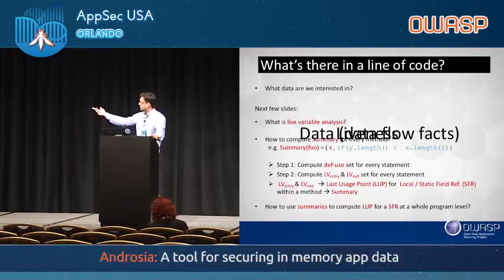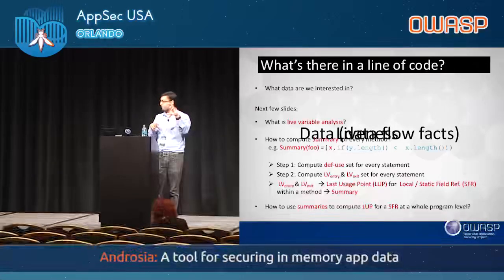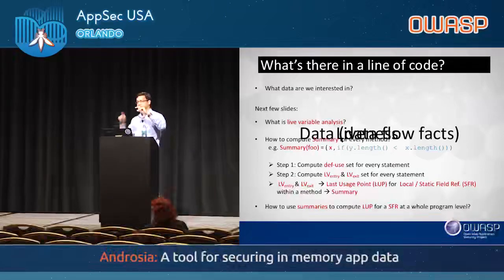Basically, the summary will contain the last usage point for all local variables and static field references within the method. And then we'll see how we can use the summaries computed for one method to compute the last usage point of that static field reference in the whole program.